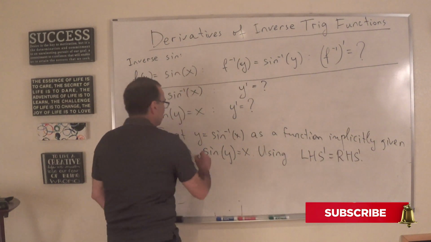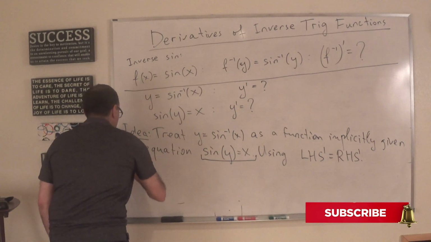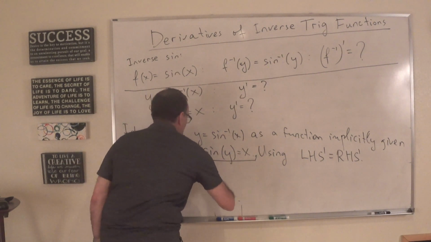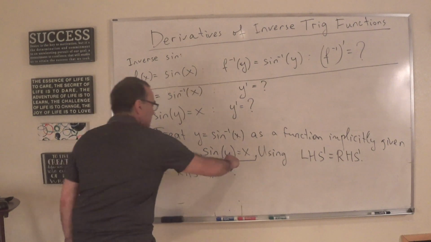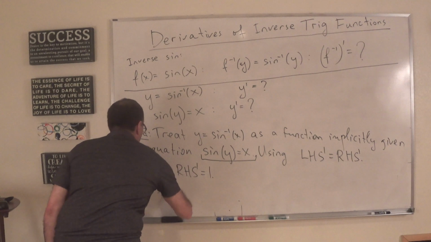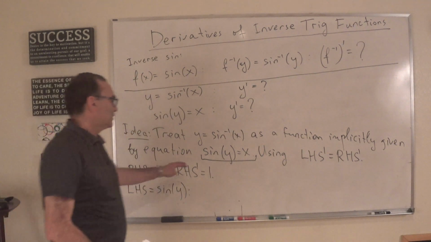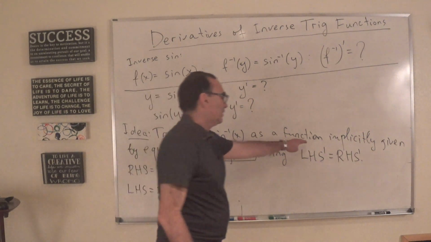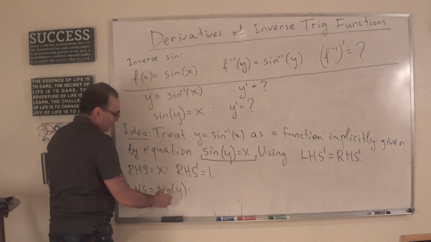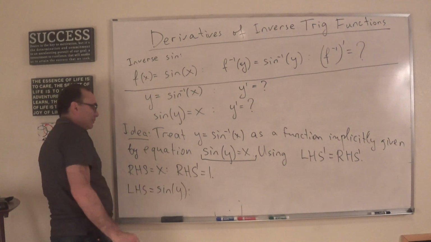Now start with the right-hand side of this equation. The right-hand side is just x, so the right-hand side derivative is just 1. Now the left-hand side is sine of y. To calculate its derivative using the rules we have studied for implicitly given functions, we take the derivative of the function of y as usual, and then multiply times y prime.